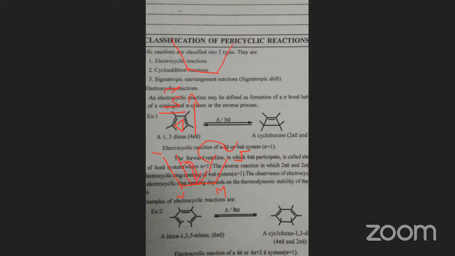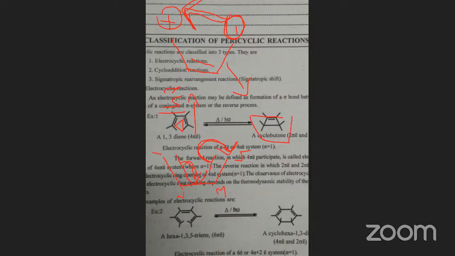This carbon gets the negative charge. This carbanion donates the electrons to the carbocation and forms a sigma bond between these two carbons.